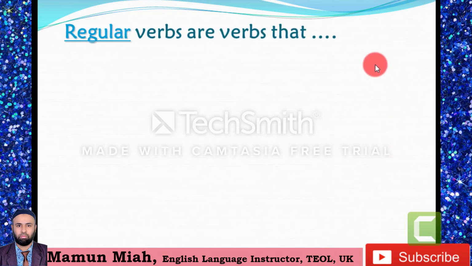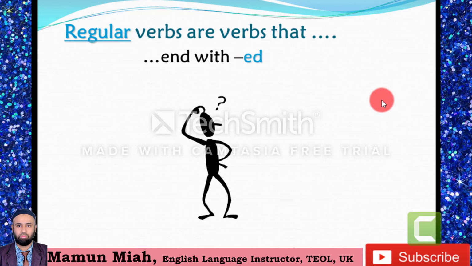Regular verbs are verbs that end with the -ed sound. That means at the end, one or two letters are added, which of course make the -ed sound.